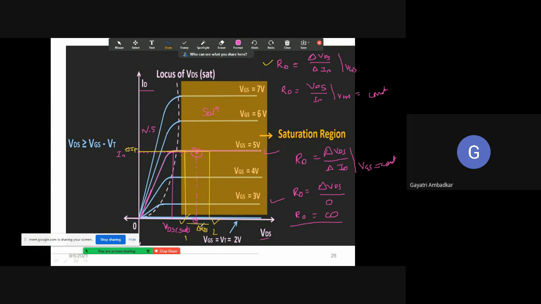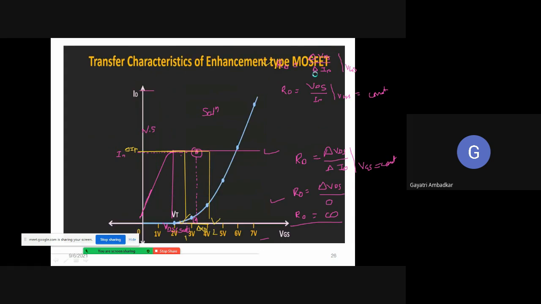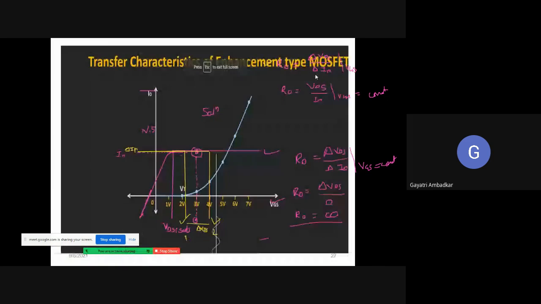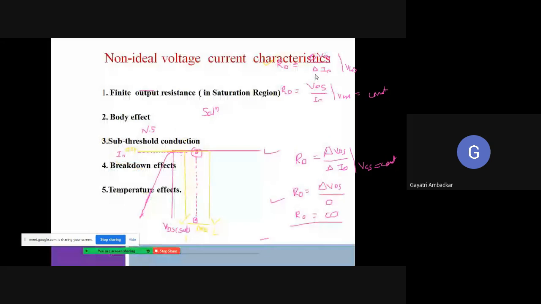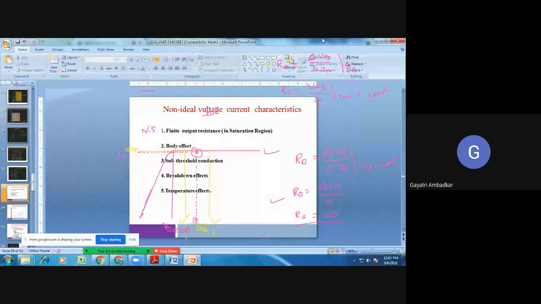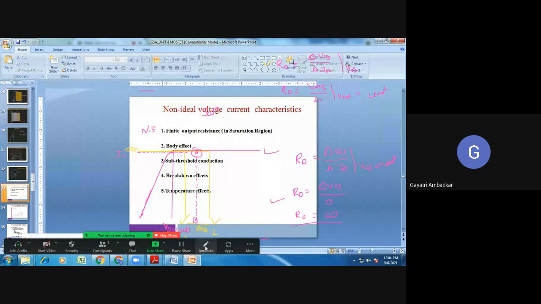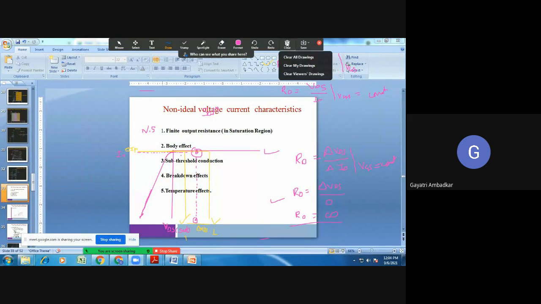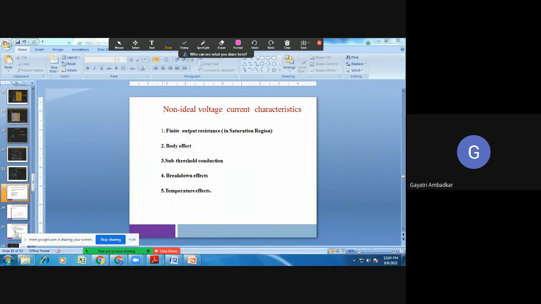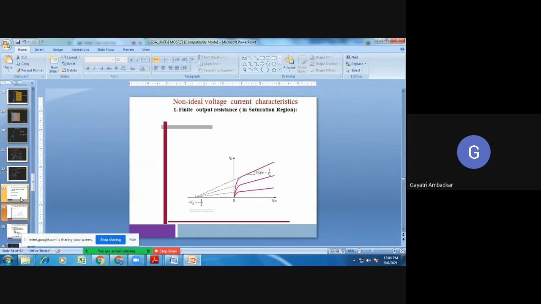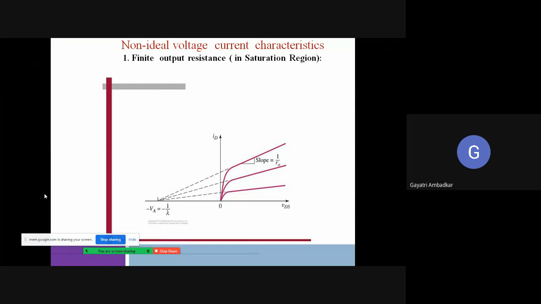That is why we call this finite output resistance.